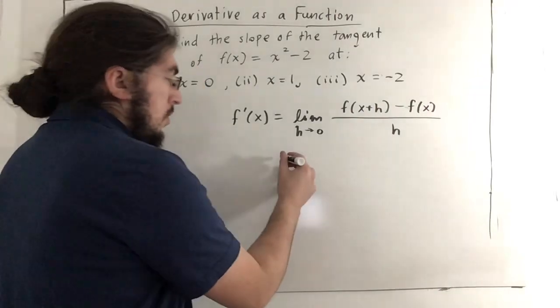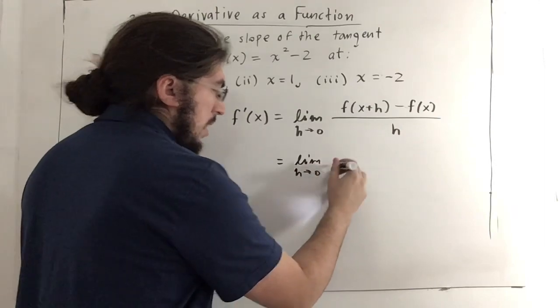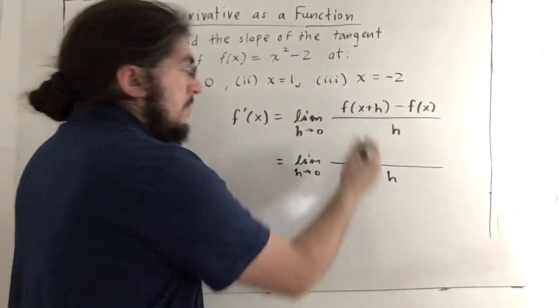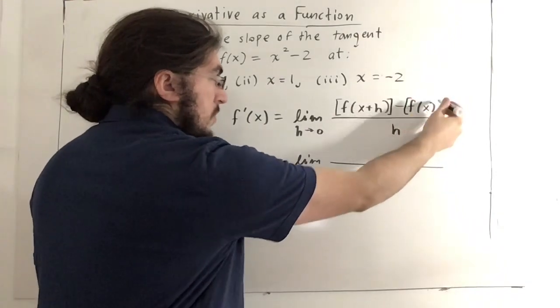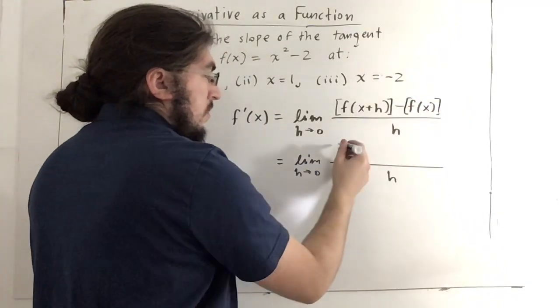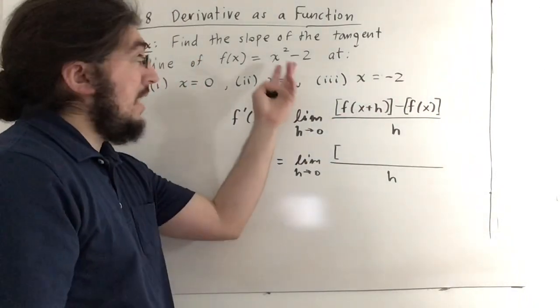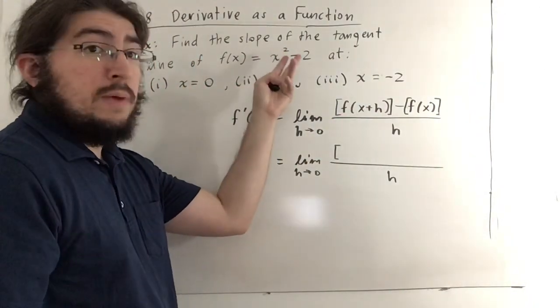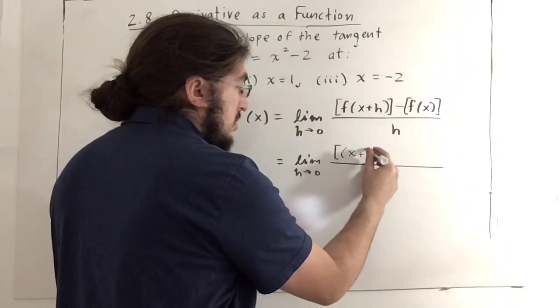Okay, so we're going to find this derivative. So there's a limit as h goes to 0 of, it's all over h. The first part I'm going to write these in brackets because otherwise you may forget to distribute and so on. So the first part in brackets is f of x plus h. So f of x is x squared minus 2. F of x plus h is x plus h squared.